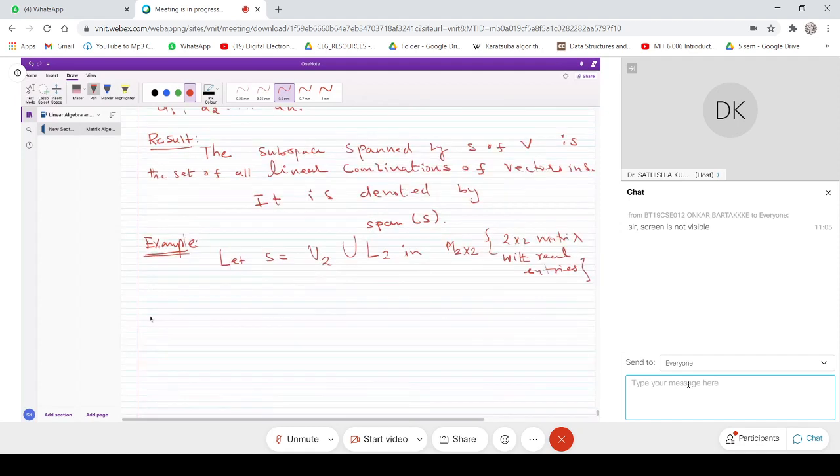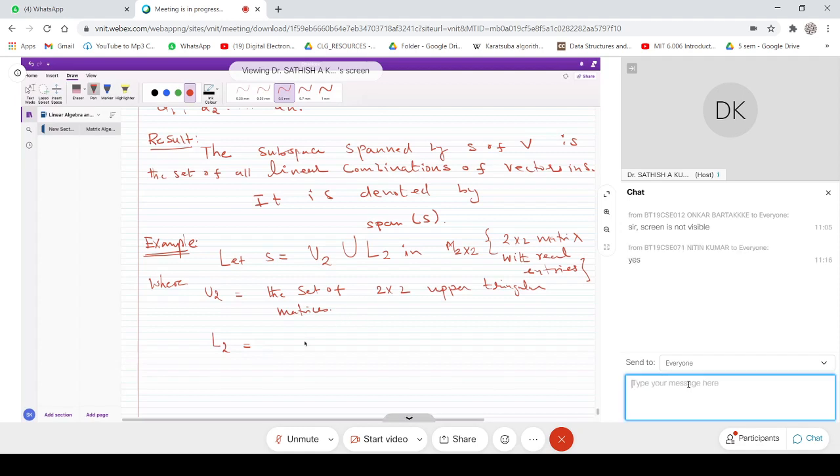Where U2 is nothing but the set of 2 by 2 upper triangular matrices. L2 is equal to, am I audible to everyone?